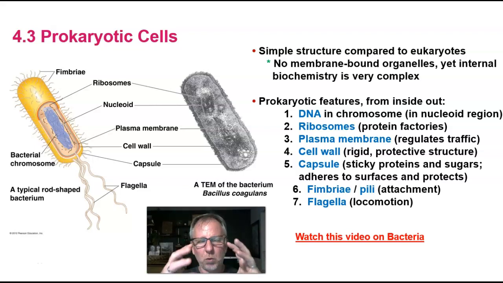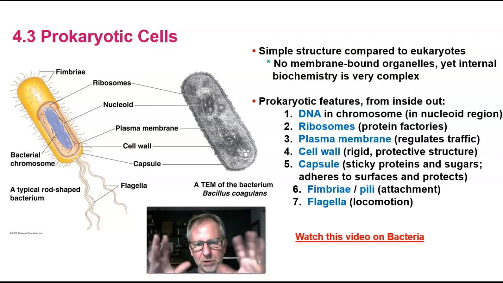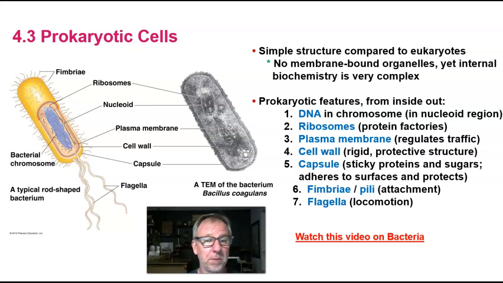Just outside the cell wall, many bacteria, but not all of them, have what's called a capsule. It's a layer of sticky proteins and sugars that helps the bacteria, the prokaryotes, adhere or stick to surfaces. And it also protects them from dangerous chemicals in the environment that might harm the bacteria. Then you can see little hair-like things sticking out. Those are called fimbriae.